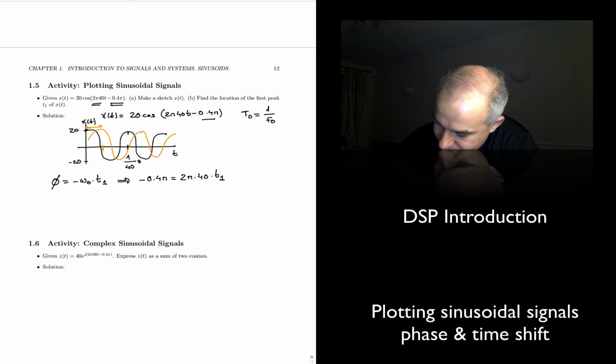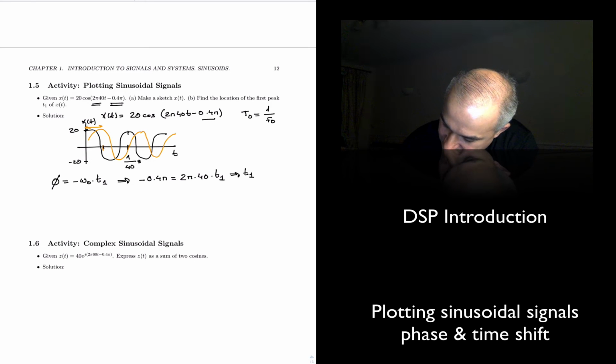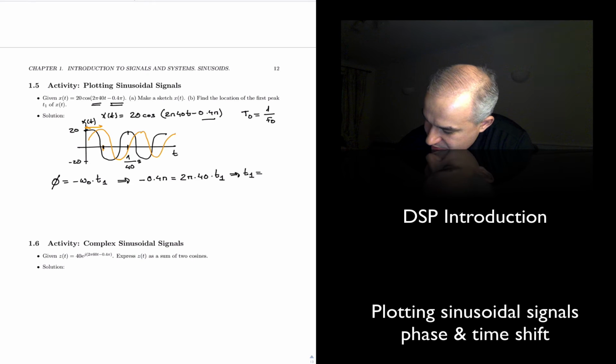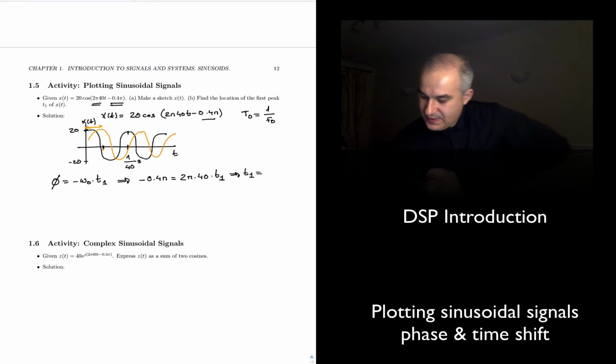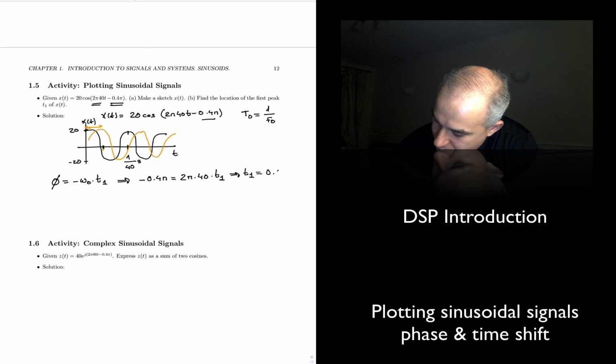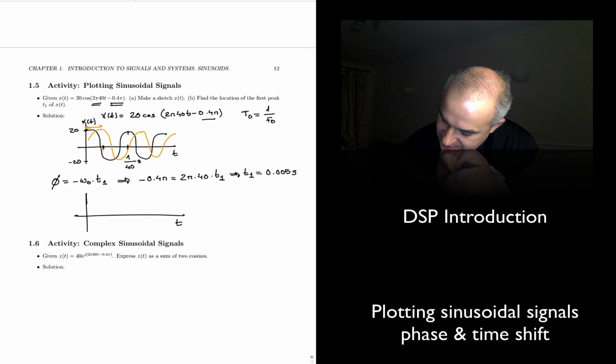This is T1. You solve for T1 to determine the location of the first peak. We see that we have minus 0.4 pi divided by 2 pi times 40, or 0.005 seconds.